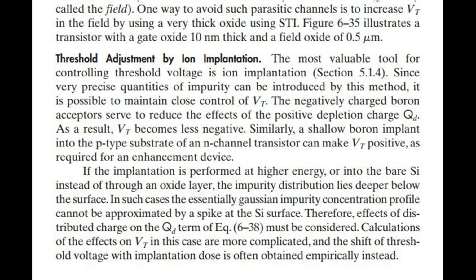As a result, threshold voltage becomes less negative. Similarly, a shallow boron implant into the p-type substrate of an N-channel transistor can make threshold voltage positive, as required for an enhancement device. If the implantation is performed at higher energy, or into the bare Si instead of through an oxide layer, the impurity distribution lies deeper below the surface.